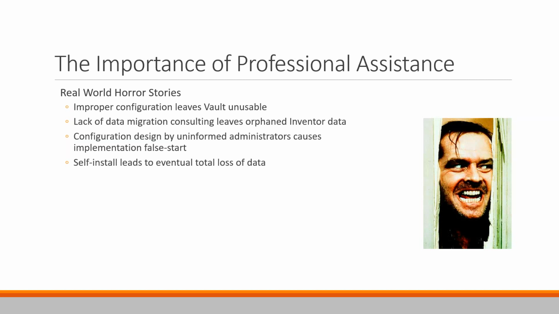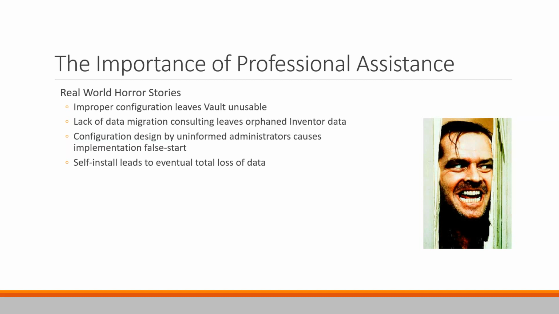What that ended up with was none of the assemblies being linked to any of the parts. Essentially the entire data set was unusable, right? And they had to start over.